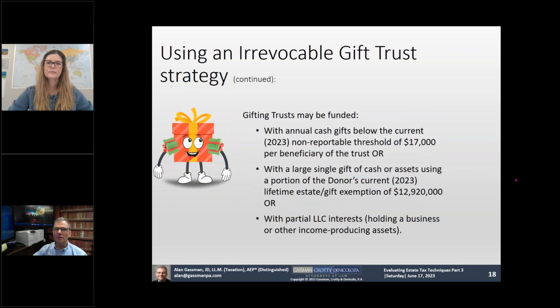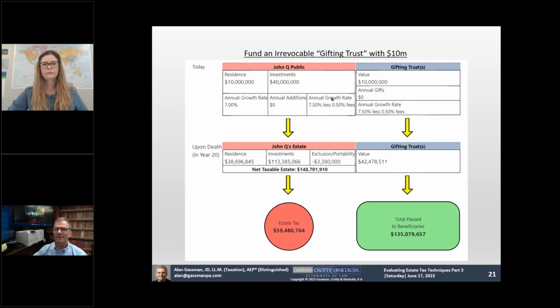So let's talk a little bit about this gift, how we show it to a client. After the gift, there's $10 million in an irrevocable trust. It grows at 7% a year. In 20 years, the rule of 72 proves itself right. It doubles in value once, it doubles in value twice. It's at $42 million on the second death.